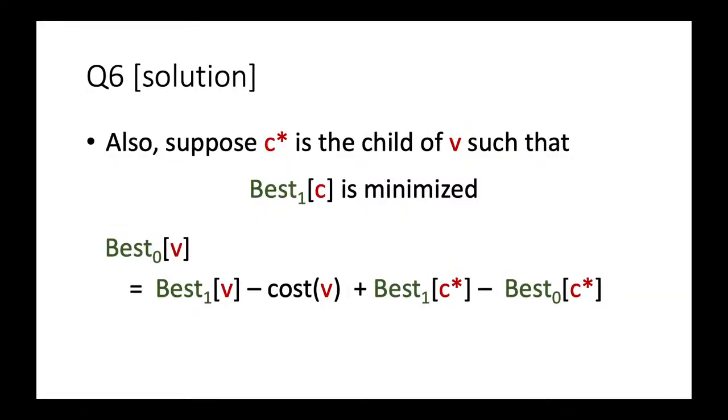So for best 0 of V, let me turn on this slide. When it is 0, that means that we are not opening up a convenience store at location V, but then V has to be served. Then that means that we need to find one of the children of V to serve it.